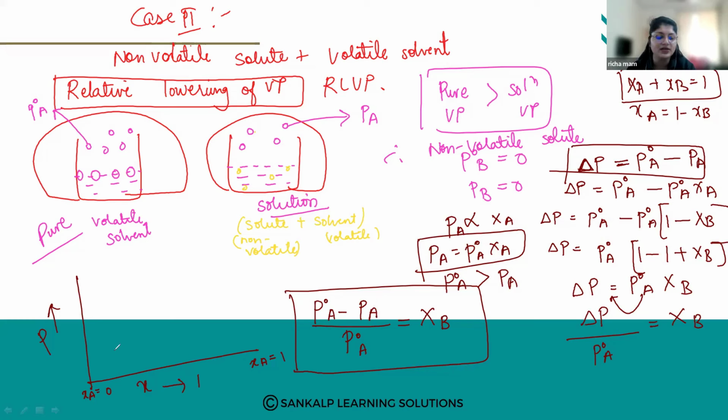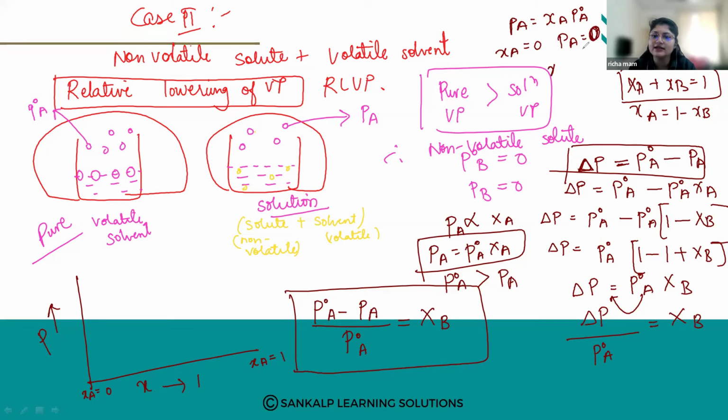Here is P A, the partial pressure of A. P A is equal to psi A into P naught of A. At psi equals 0, what will happen? P A will be equal to 0.